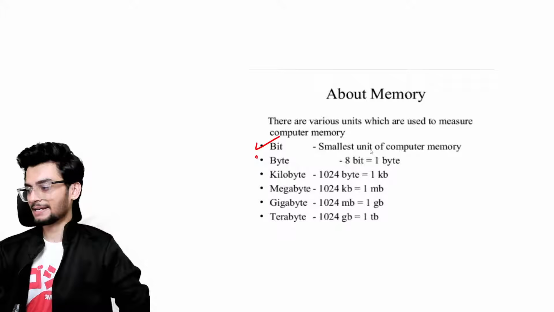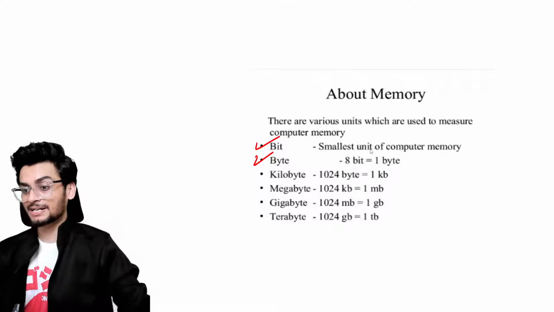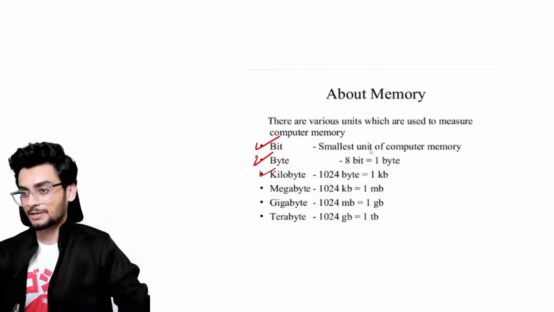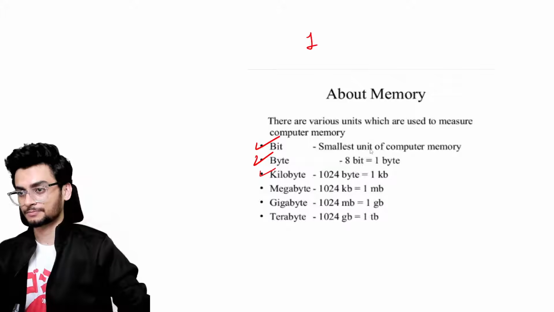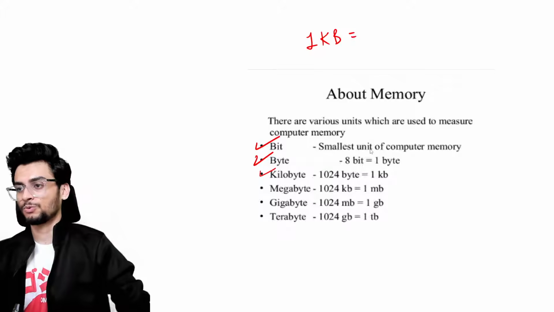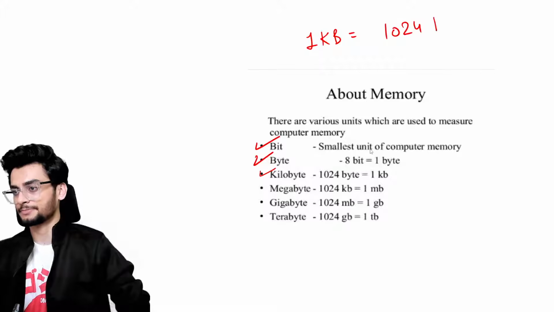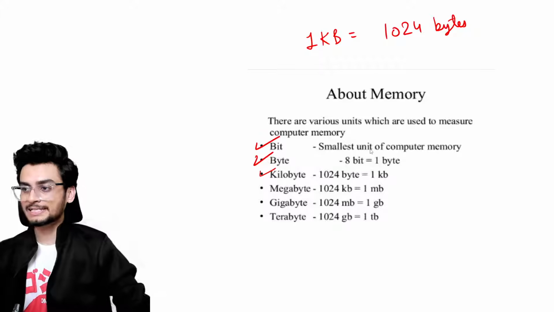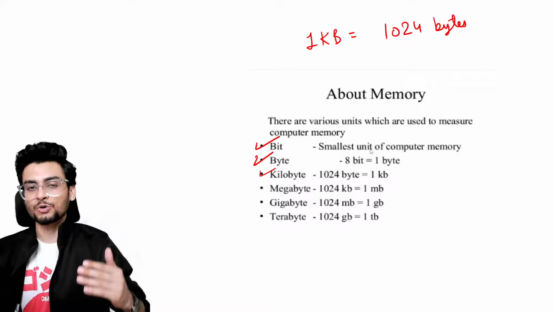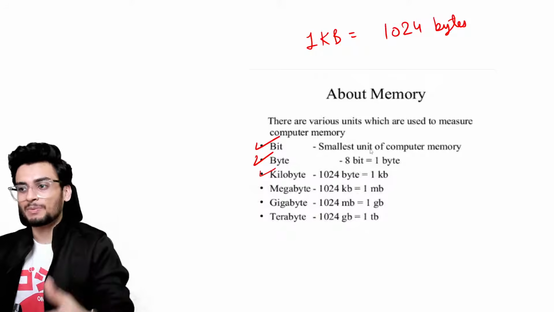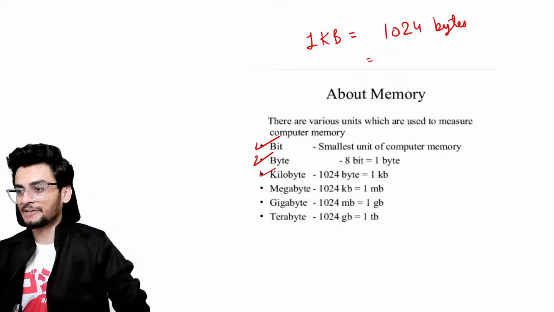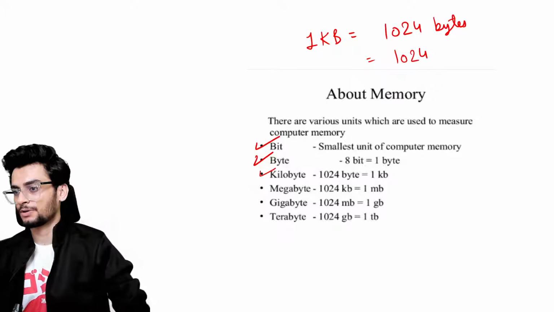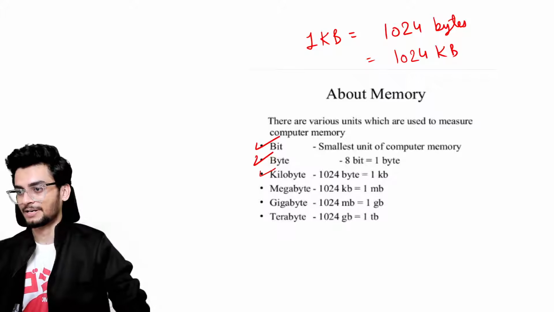right? हम लोगों ने bit देखा, byte देखा, and then after that we come to kilobyte. Now 1 kilobyte is equal to 1024 bytes. So this is how we define it. Every time you want to go to the next level of the unit, you multiply by 1024. If I want to write 1024 kilobytes, right?